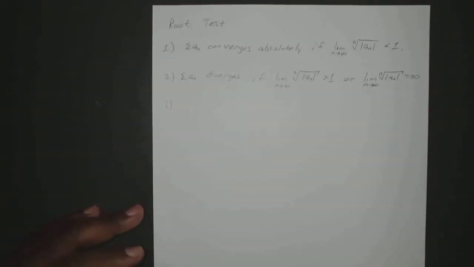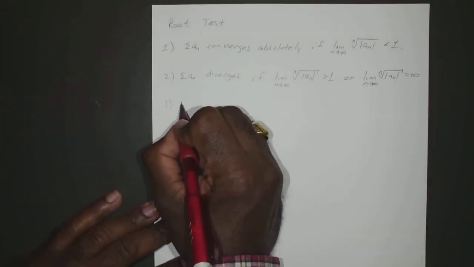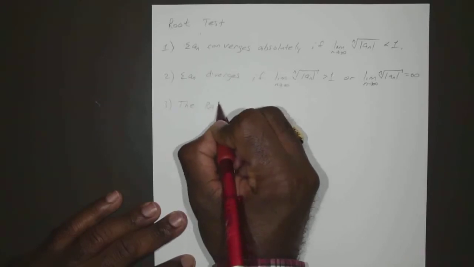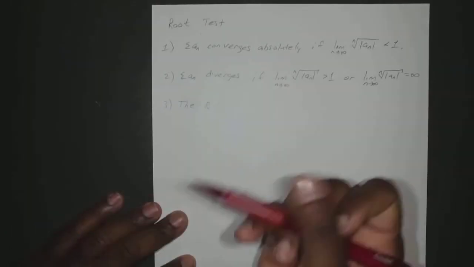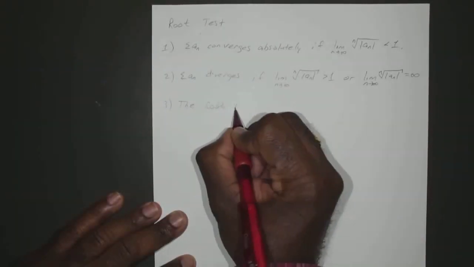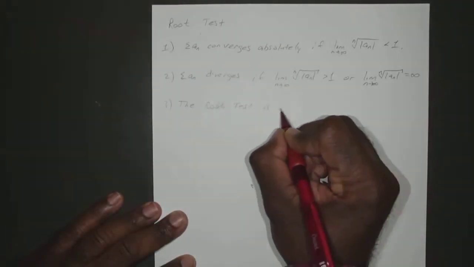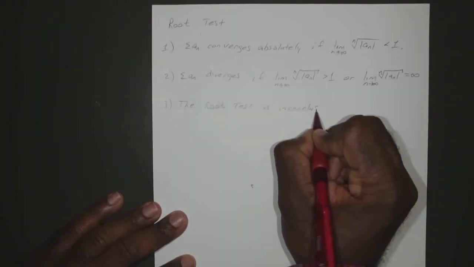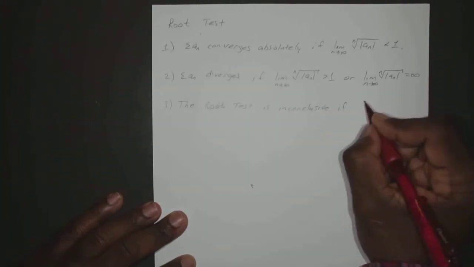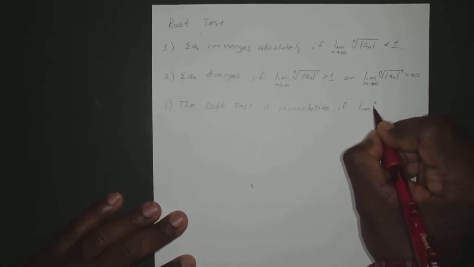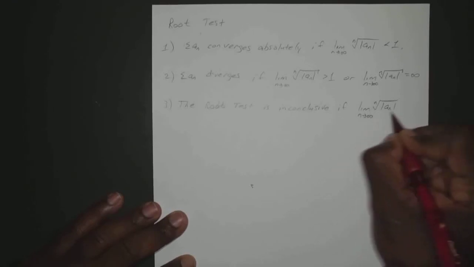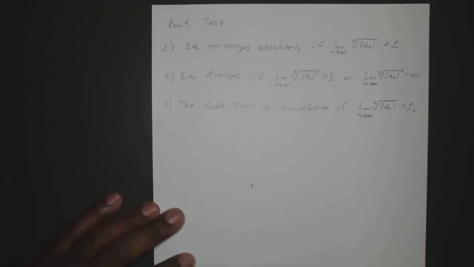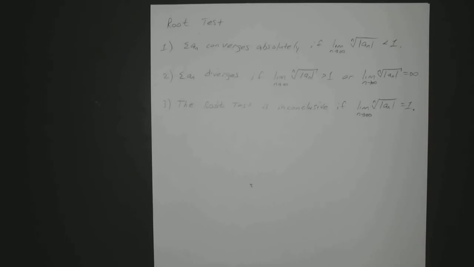Same results and everything. And it's inconclusive if it equals 1. Not ratio test, root test, duh. Is inconclusive if the limit of the nth root of the absolute value of A sub n as n approaches infinity equals 1. That just means you have to find a new test.